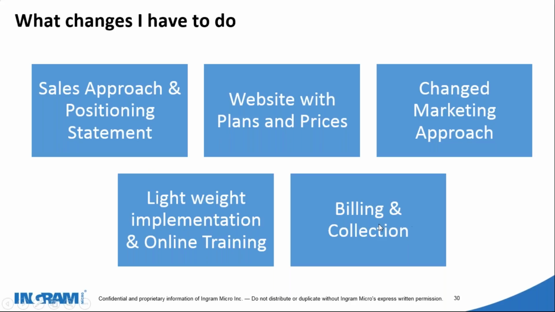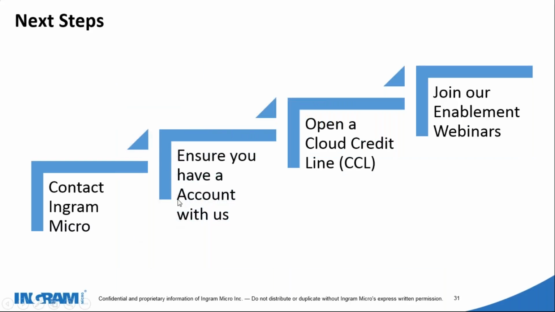You will have to be prepared for billing because CSP is not one year billing at once, it is multiple months billing, so you need to be prepared for that. Another thing, if any of you have a challenge in credit line with us, those things are now becoming better with Ingram Micro here or AppTech. For all partners who want to transact with us on CSP, you will now be able to transact with much more flexibility on the credit limits and the payment terms here.